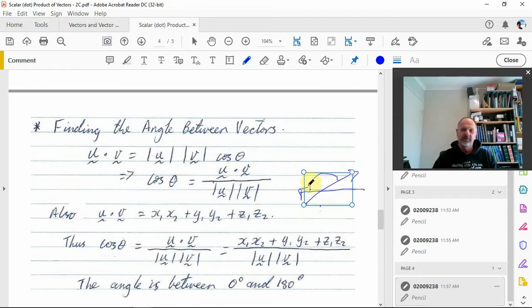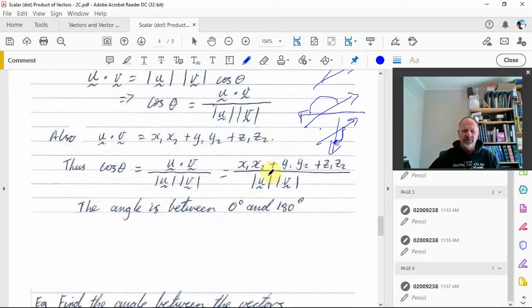Where the same side, the head, one here like this, we measure this angle in there. If, for example, I went there and then I went here, we're not going to measure that angle there. We're going to measure this one around here, this way. So it's always going to be between 0 and 180.